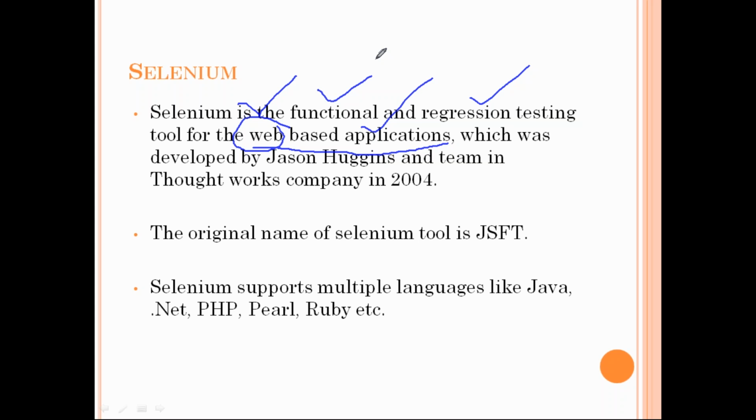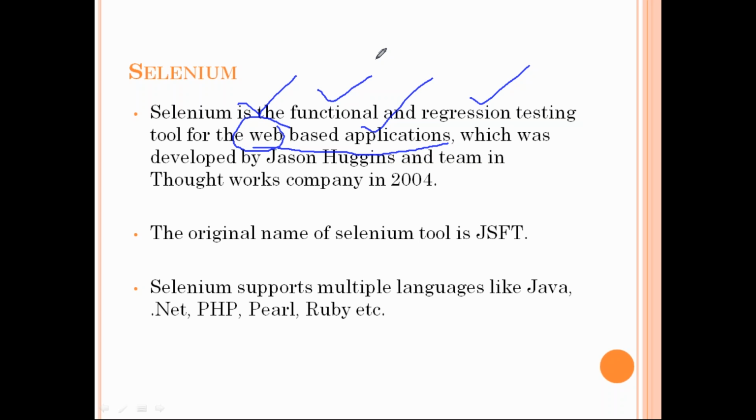Web-based applications are applications which require a browser supporting tool. Say if I uninstall your Internet Explorer, Mozilla Firefox, Chrome, Opera, Safari, all the browsers from your system, and I ask you to open your Gmail application, would you be able to open it? Obviously not, right? Because there is no browser supporting tool. You should have a browser to launch first.